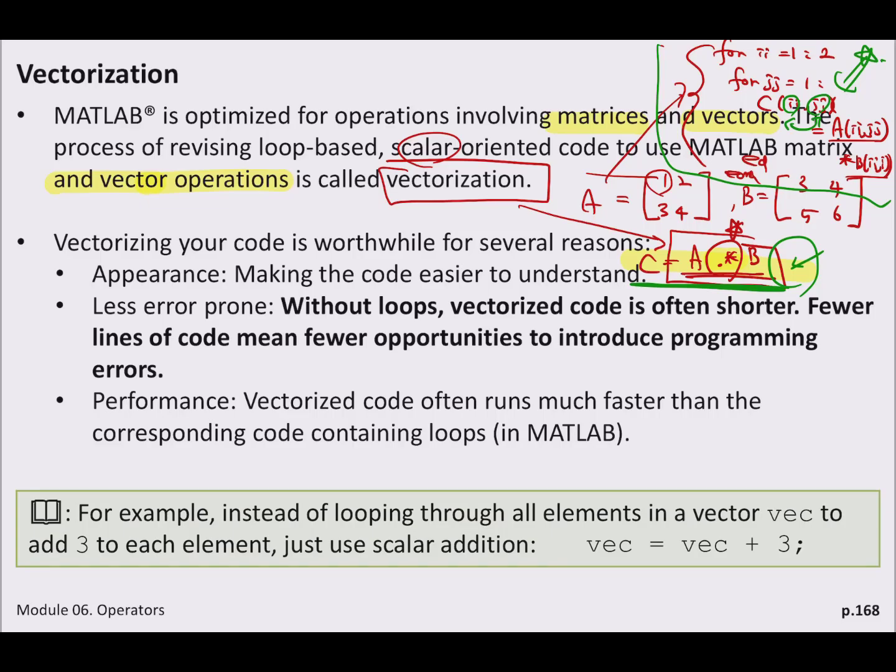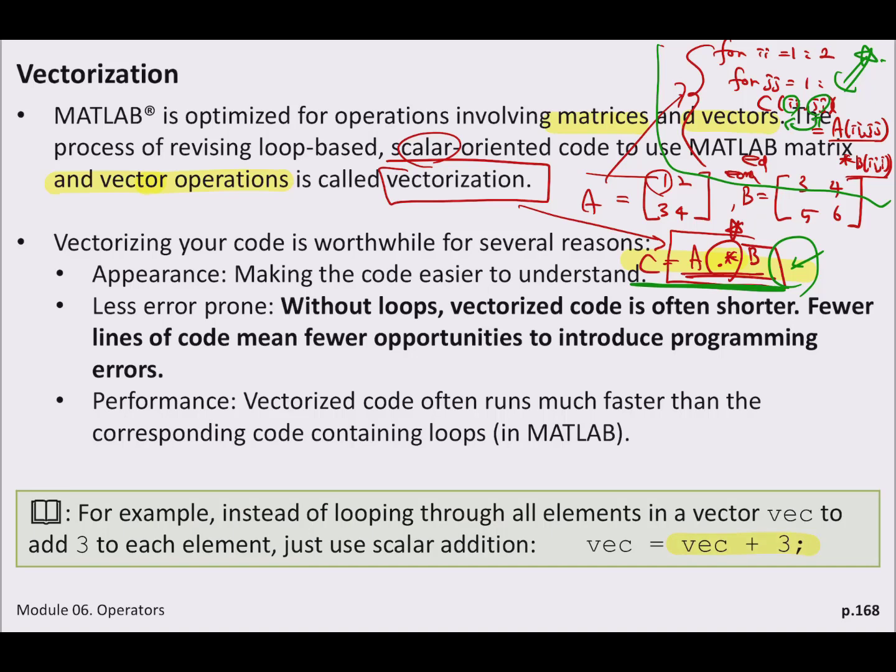Here's another example. If we try to design this operation with a loop statement, we need to read the individual element in a vector and then compute this operation. It's plus 3, right? And then assign this new value to the vector, right? So that's the basic process when we use the loop structure. However, MATLAB supports a syntax called scalar operation.